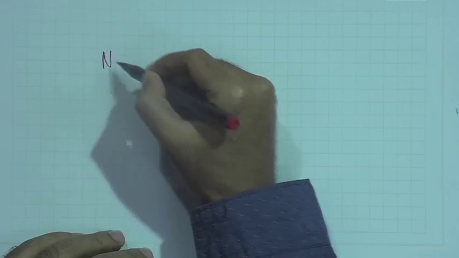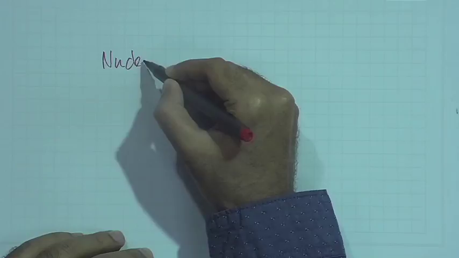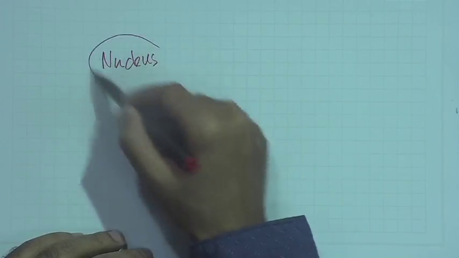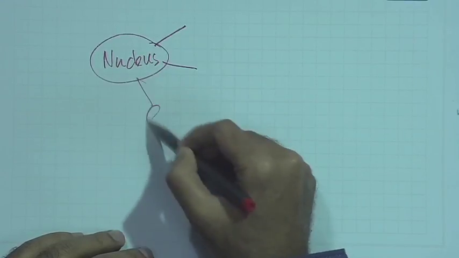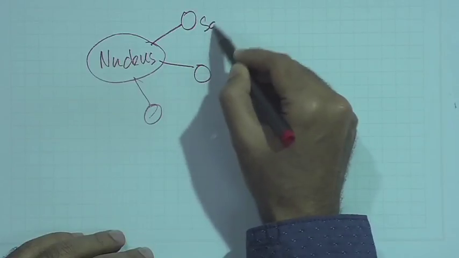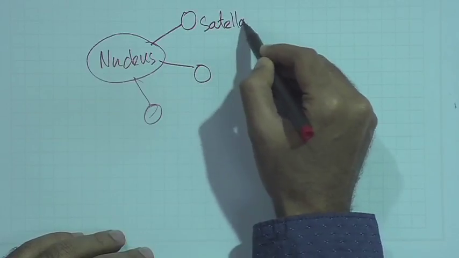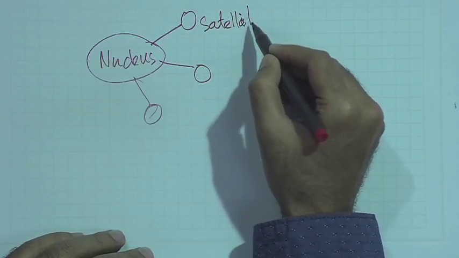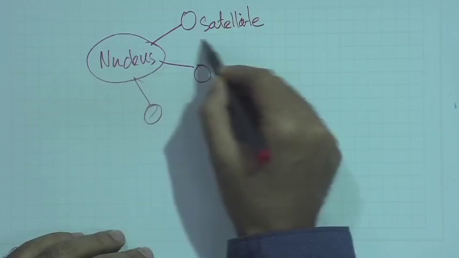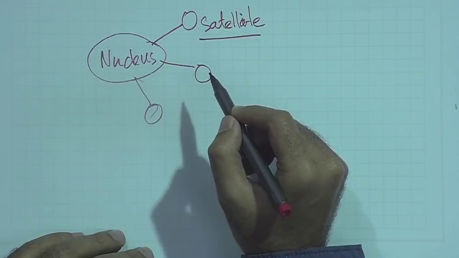One is the nucleus. It will always have a nucleus and it will have some satellites. So, this is the model by which the rhetoric structure theory works.